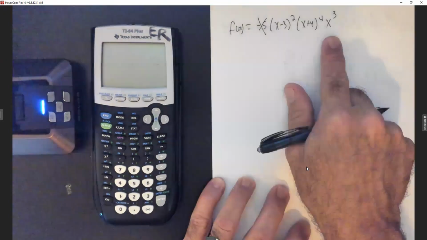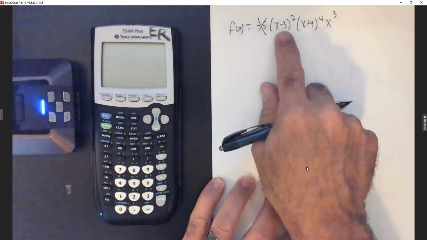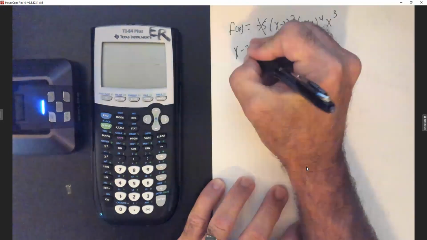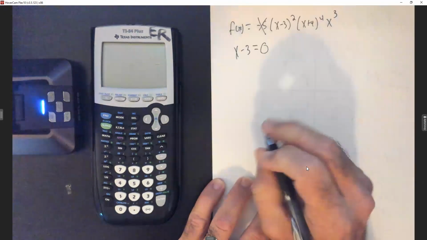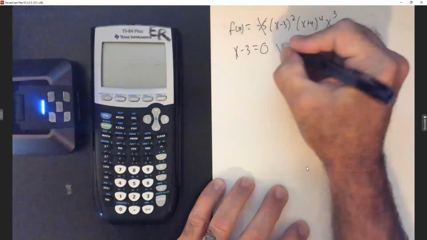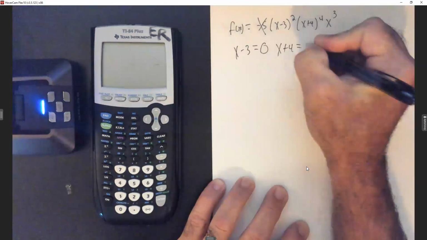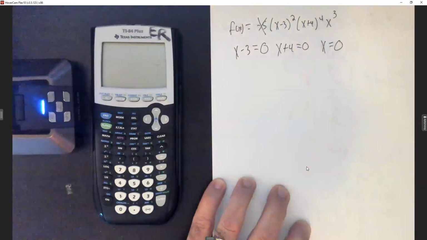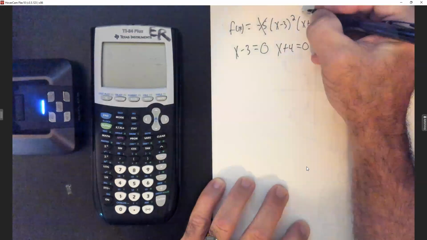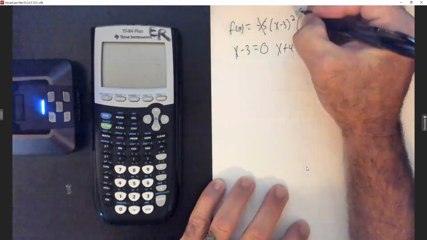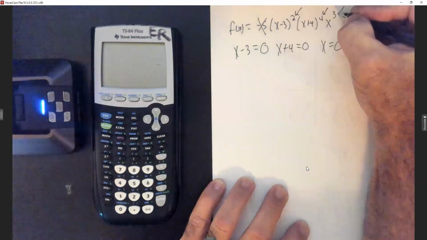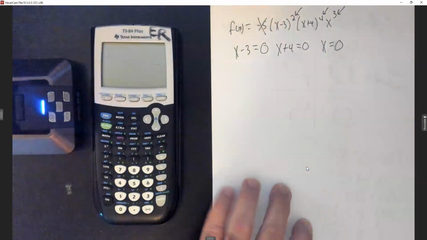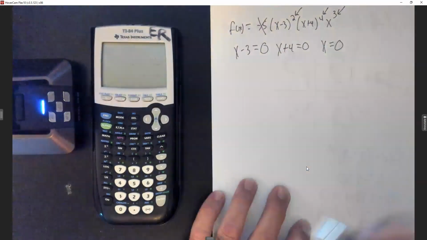So then take each of these factors, x minus 3, set it to 0, x plus 4 equal to 0, and then x equal to 0. Once we solve these, the multiplicities will be the 2, the 4, and the 3. So those are all the outside exponents that become the multiplicities.